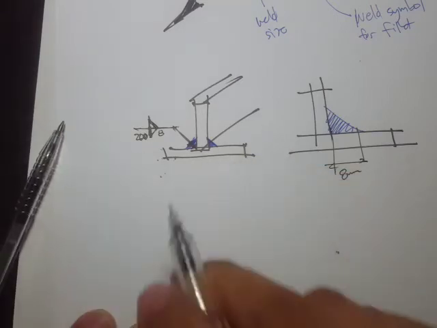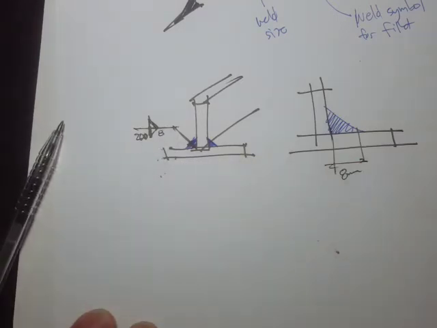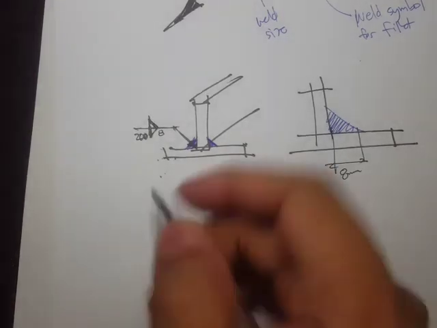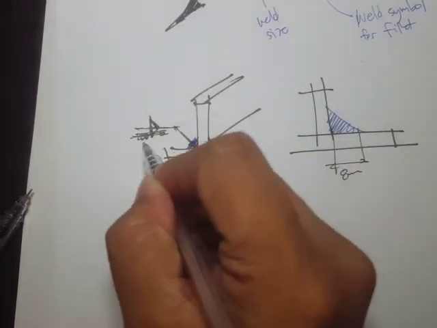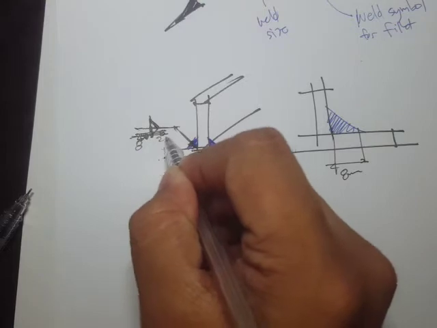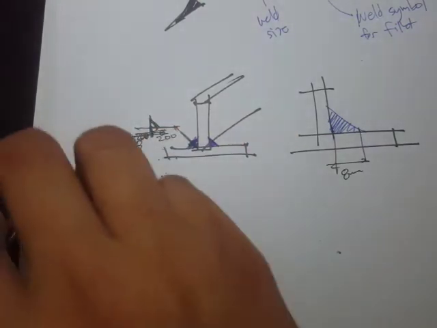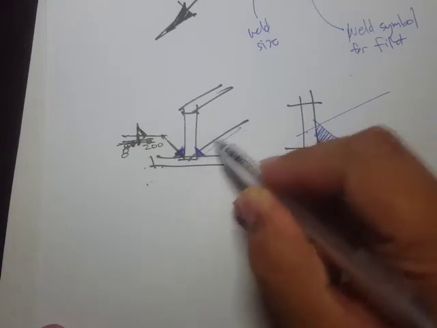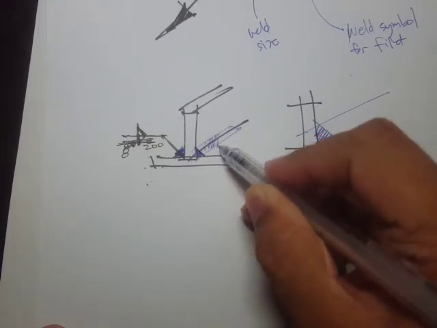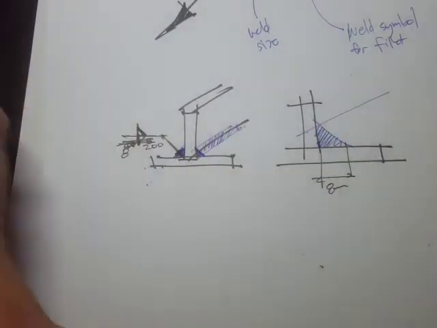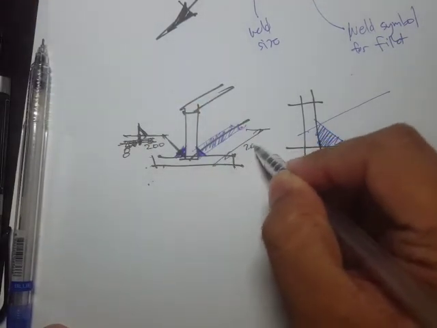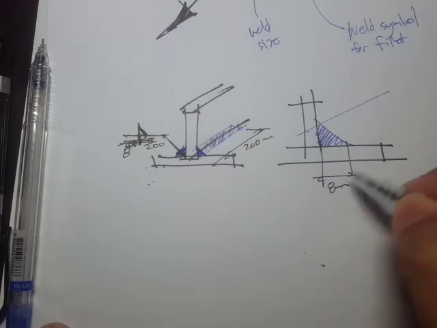And for the weld length, sorry, I think this should be on the left, and then this one on the right, 200. So we say 200 for the length, then meaning that this length should be 200.